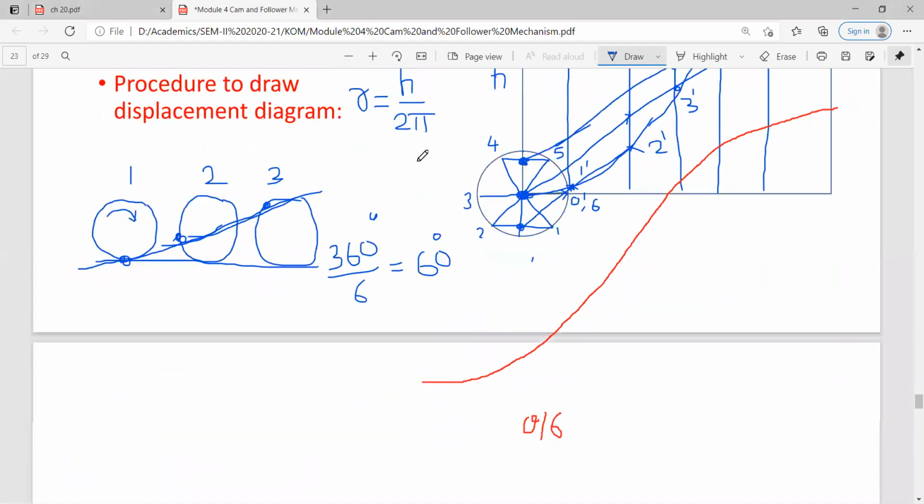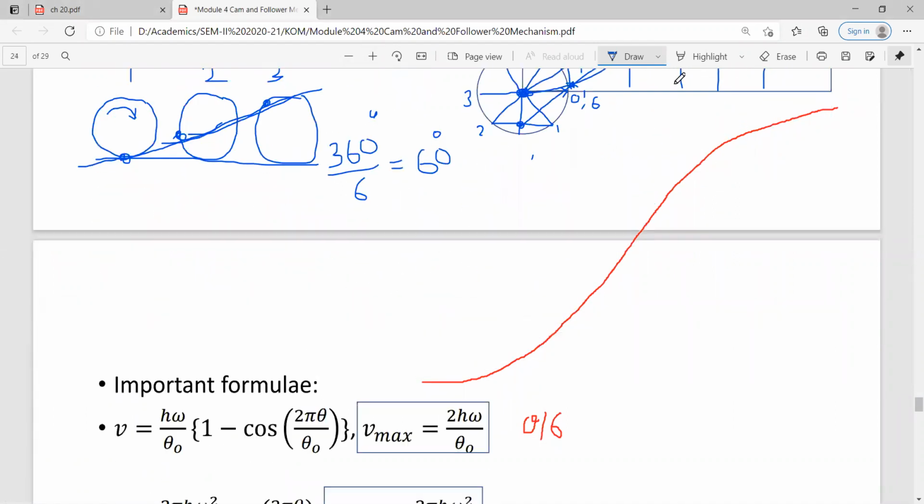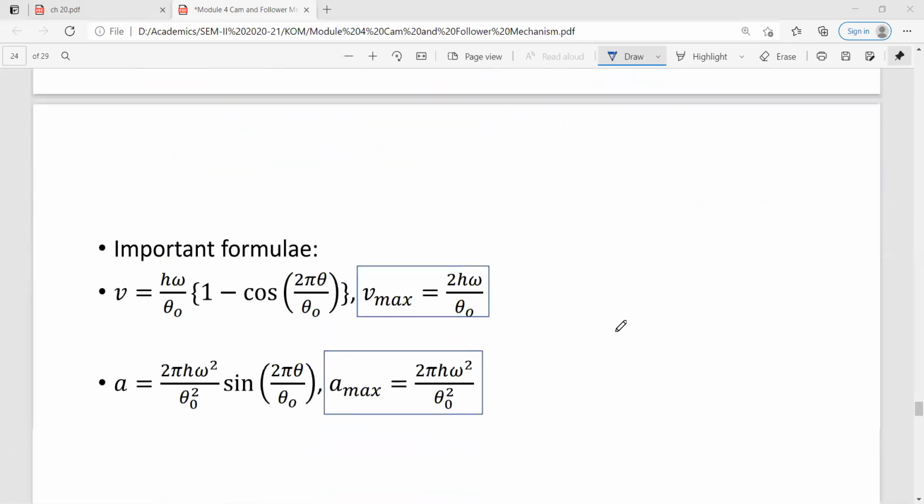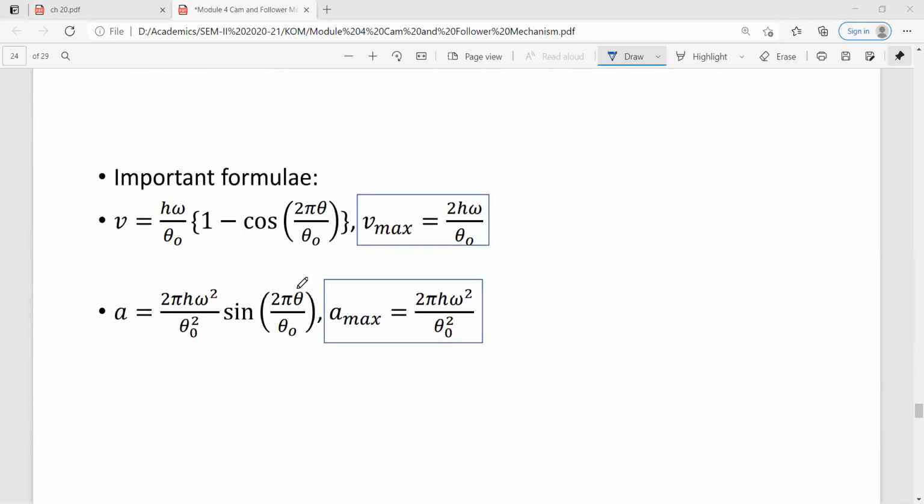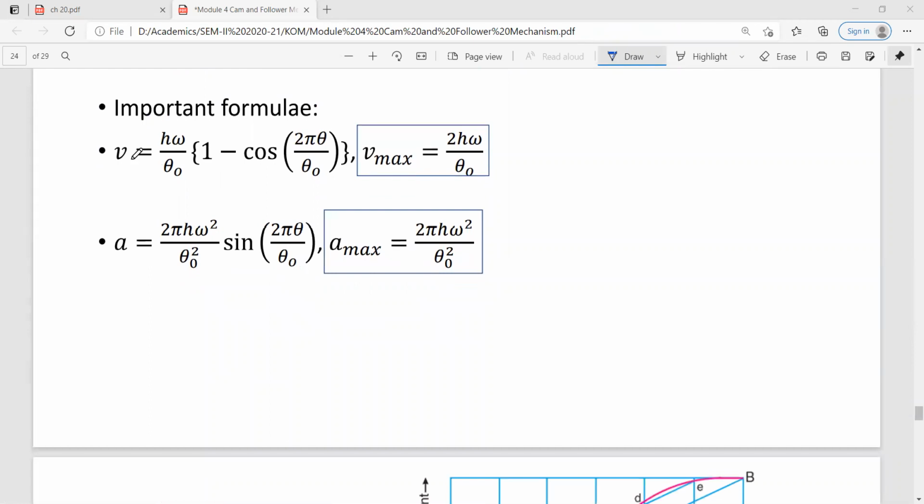Now let us go to the important formulae. So this is the formula of velocity.